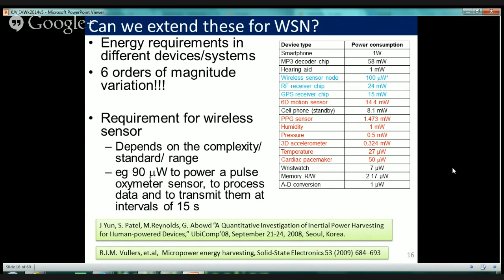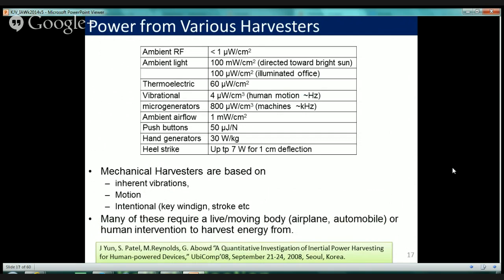Now, apart from the ones that I just mentioned, what are the other options? There are several options being tried out, and people have evaluated what's the energy density available per unit area.